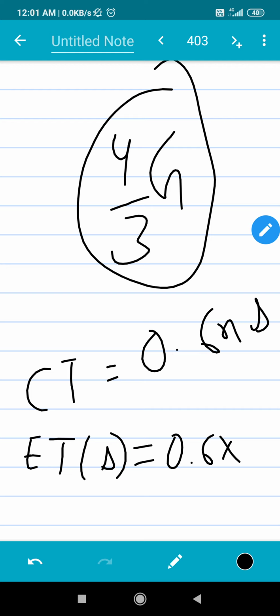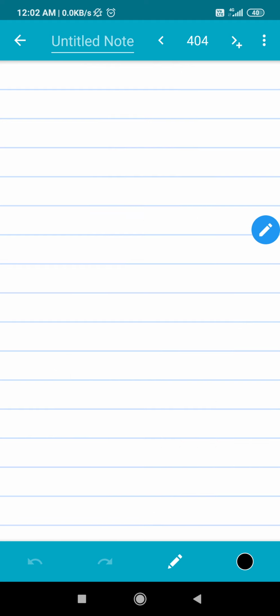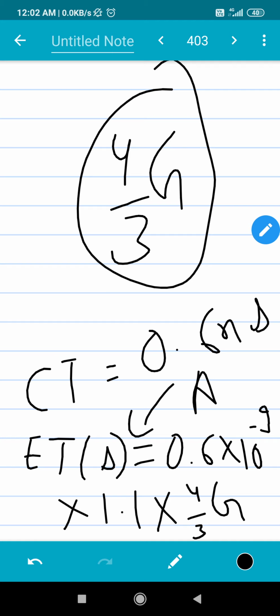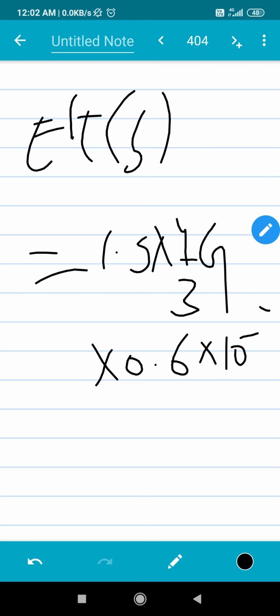Let me remember: hecto, kilo; deci, centi, milli; then micro is -6, nano is -9. So 10^-9 into, in case of A, 1.1 times 4/3 G. ET for B is 1.5 times 4/3 G into 0.6 into 10 to the -9.